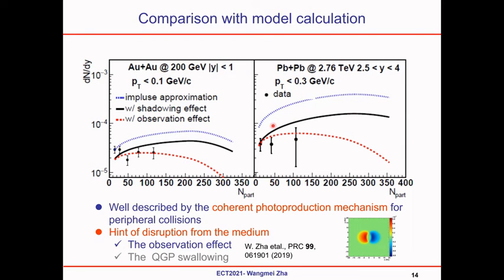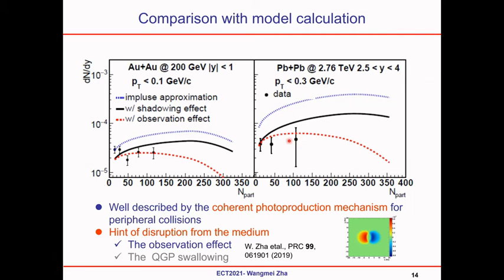You can find that if we assume there's no shadowing, everything is exactly the same as what happened in gamma-p, you can find that it overestimates the data. It overestimates if you consider the whole centrality range. And the conclusion is the same.